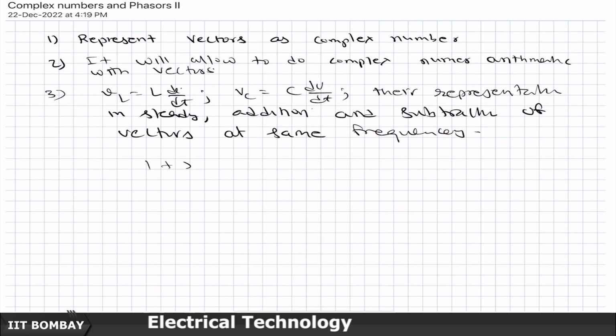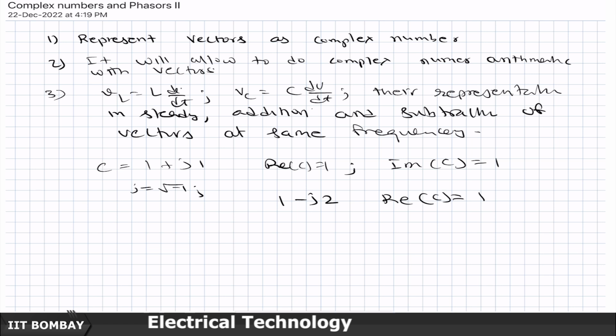For example, 1 plus j 1, where j is the square root of minus 1, a complex number has a real part of 1 and an imaginary part that is also 1. So, let this be the complex number C, then its real part is 1, and its imaginary part is also 1. And if you had a complex number like 1 minus j 2, then its real part is 1 and the imaginary part is minus 2.